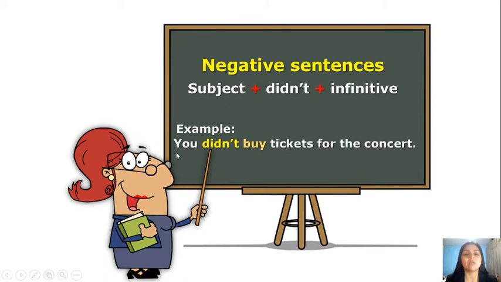You have the subject, the auxiliary verb didn't, and the verb in present. Tickets for the concert is the complement, of course. But why did we use this verb in present if we are talking about past? Because we are writing here didn't. This didn't indicates past. So remember that, please.